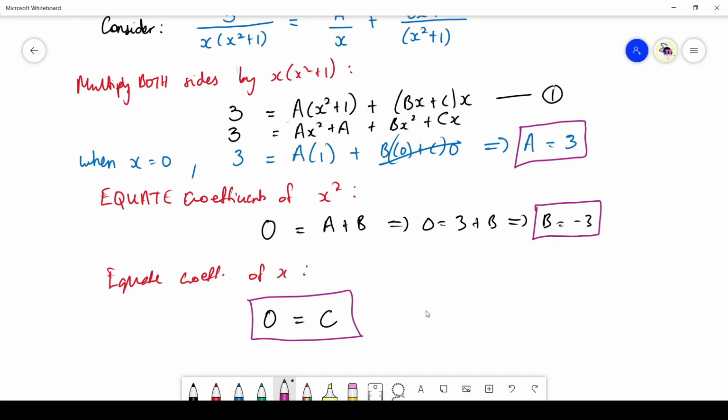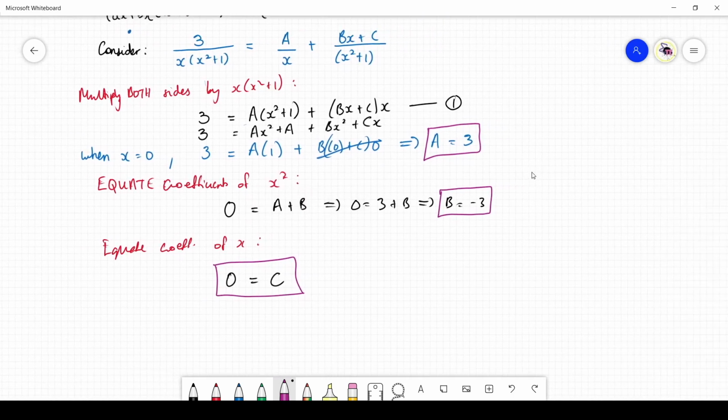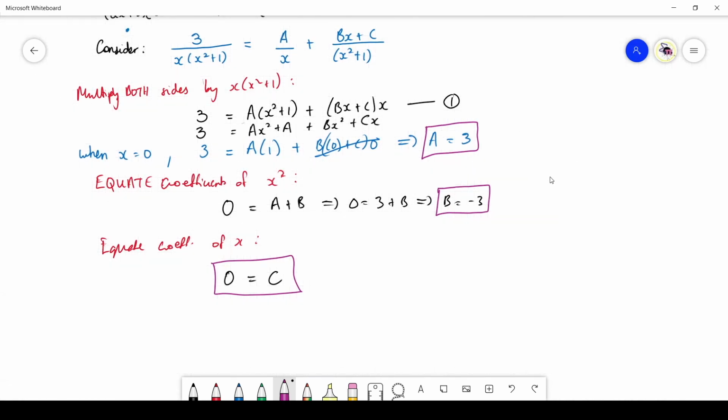So now, when you're finished getting all your variables present on your numerator, you just simply have to substitute them back into your main split. All right, and just so you know where that took place, this is your main split right here.